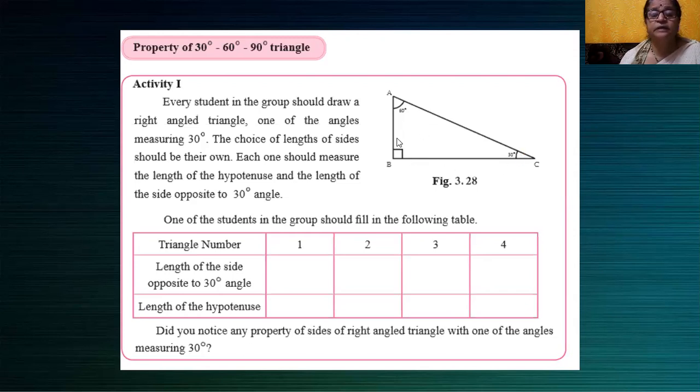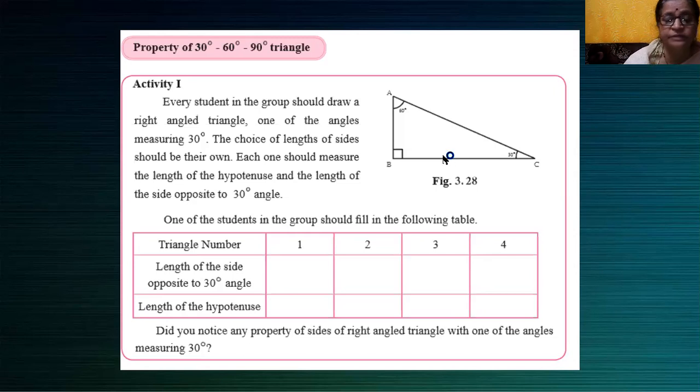Then measure the side opposite this angle, that is AB, and fill in the table. You can make a group of four, five or six as you wish, and measure this side and its hypotenuse. Hypotenuse is AC. It will be different for each student.